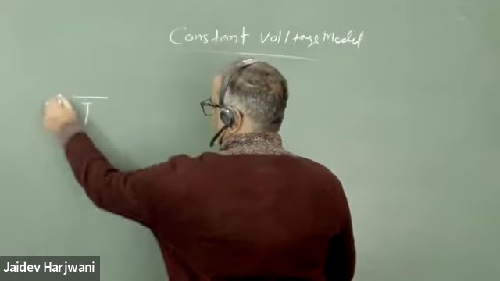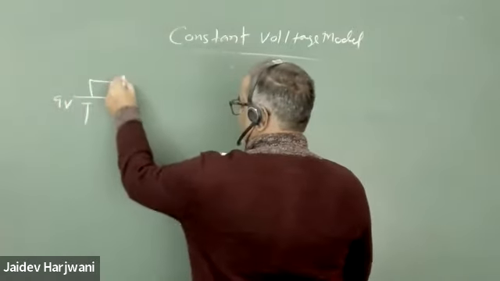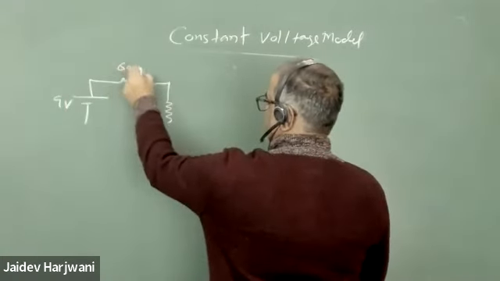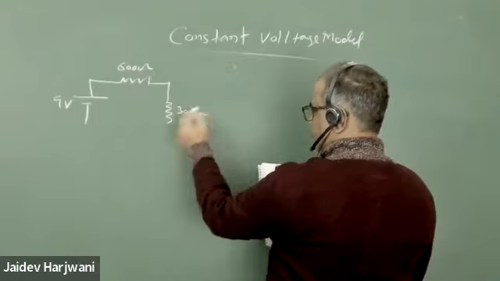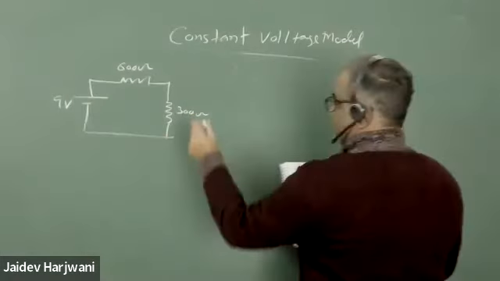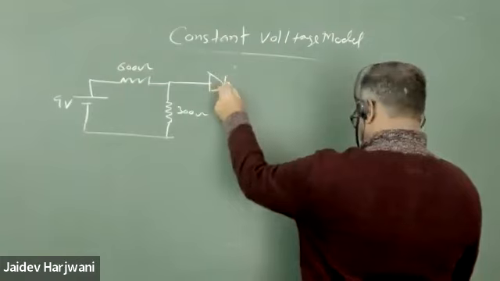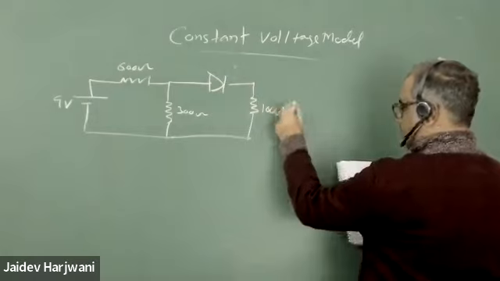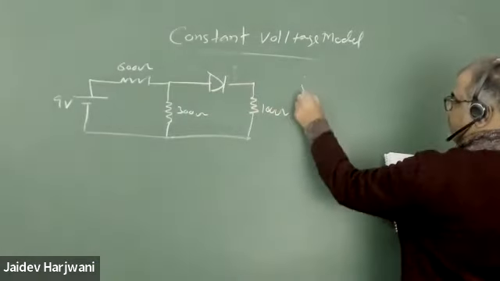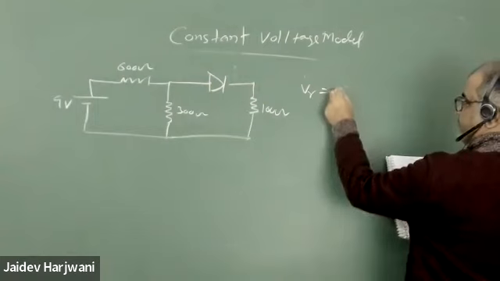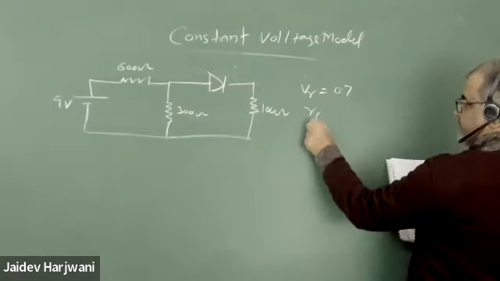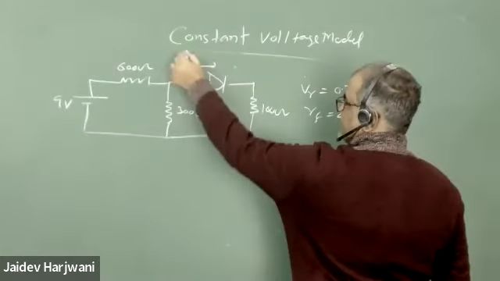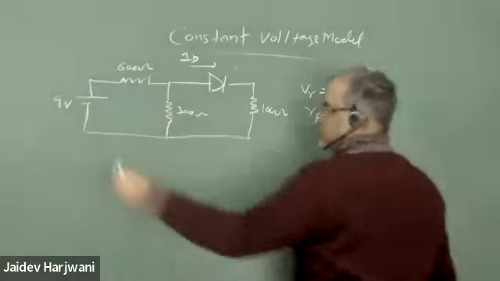This problem we have already done, with 6.2 and 3.23, and then you have a diode here, and a 100 ohm resistance. In this question you will replace the diode with V gamma of 0.7 and RF of 20 ohm. You need to tell me what is the current flowing in the circuit. This is your homework.